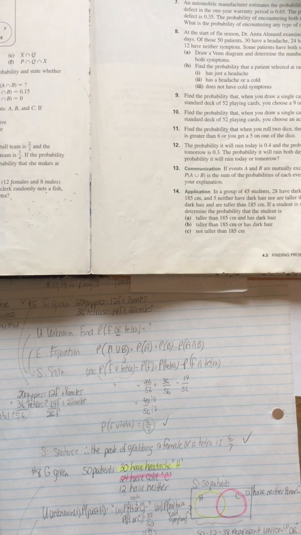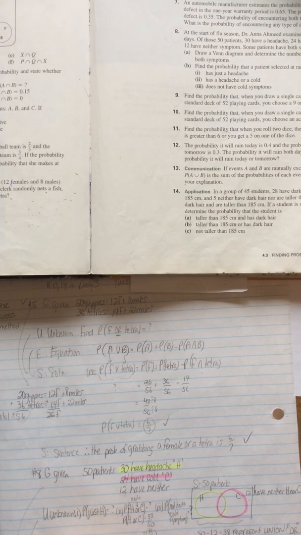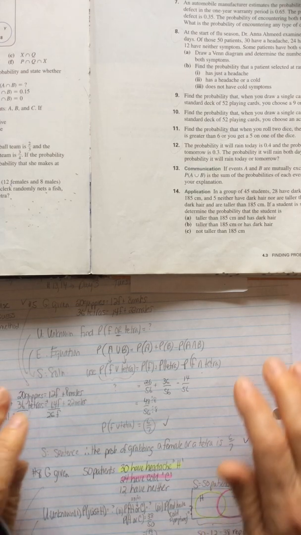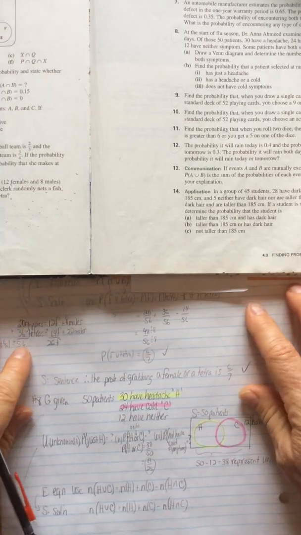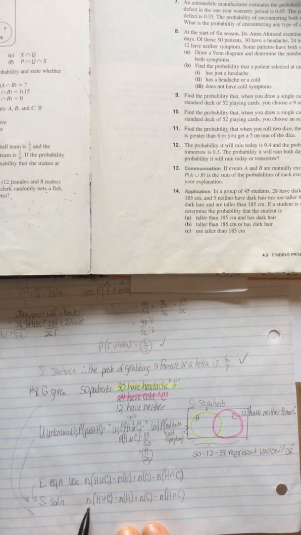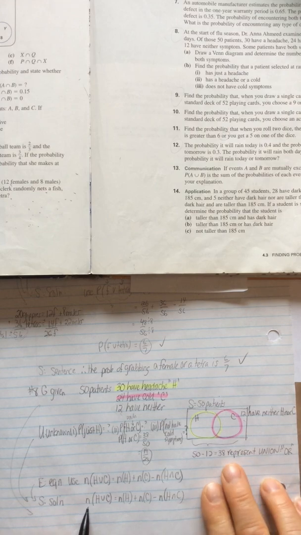Okay, so we know the union is 38, right? So we're going to take the values that we know, subbing them in. Do we know the union? Well, yeah, we do.